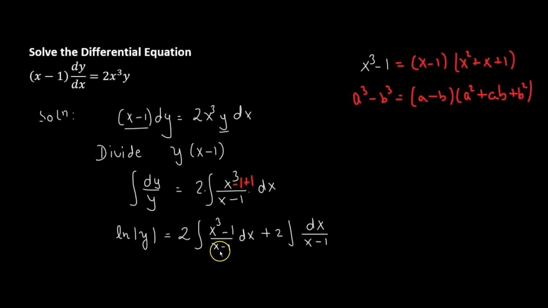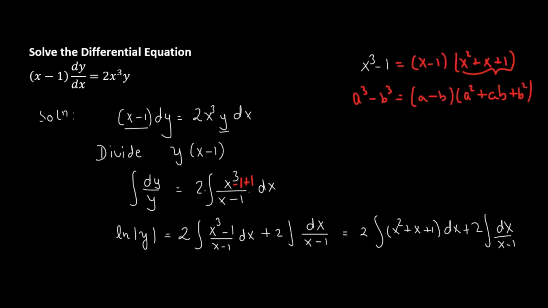This whole thing is divided by x minus 1, so we'll be left with only x squared plus x plus 1. So our integral now becomes 2 times the integral of x squared plus x plus 1 dx, plus 2 times the integral of dx over x minus 1.